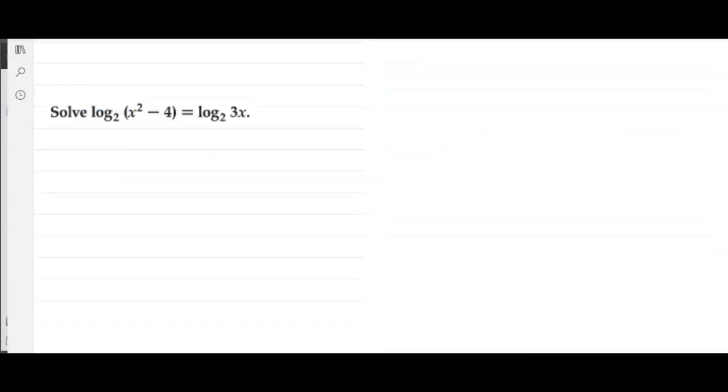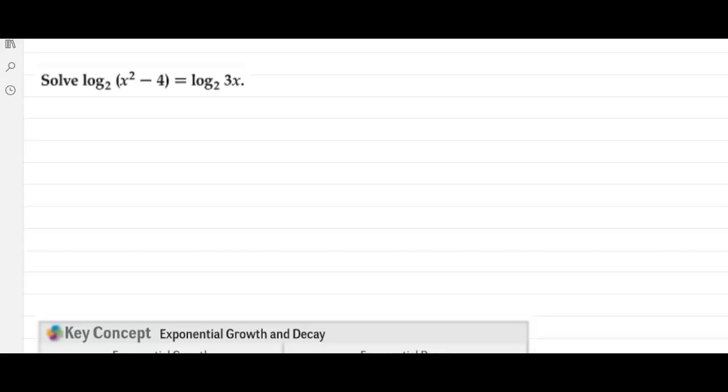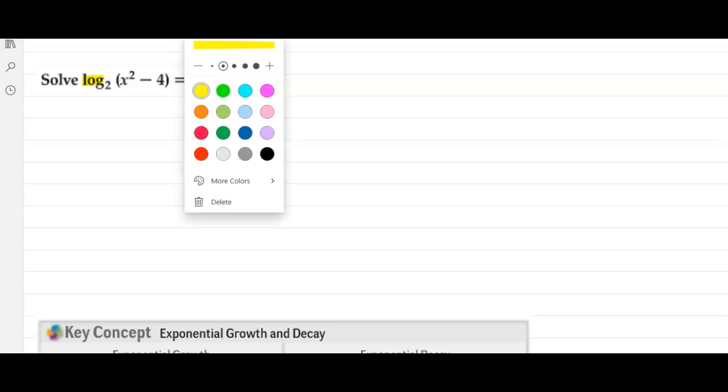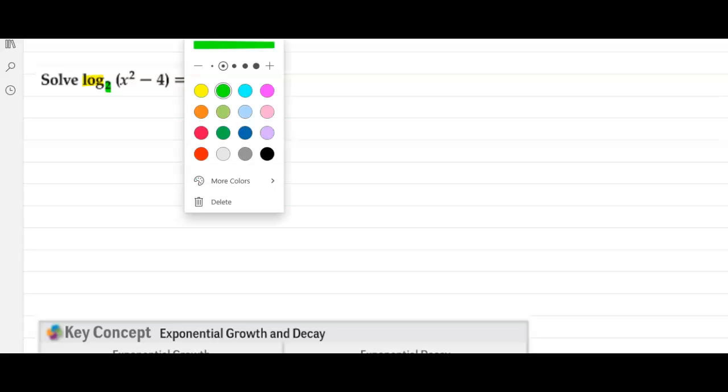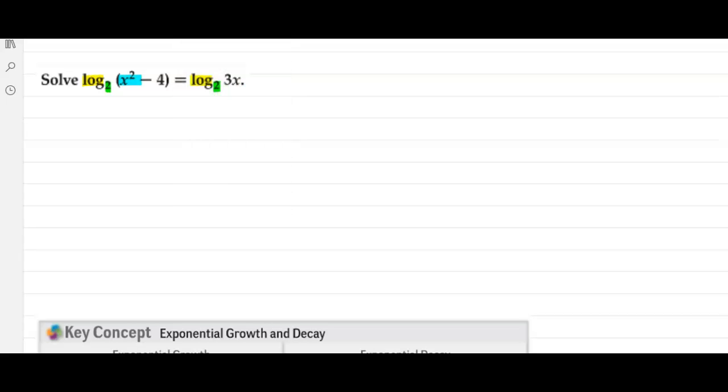This next one, when we try to solve it, we notice that they both have a log on each side, just one logarithm. Both logarithms have a base of 2, and then they both have some component next to them.